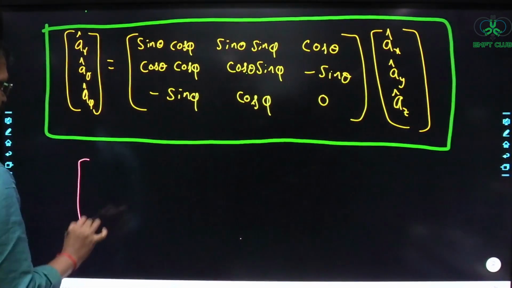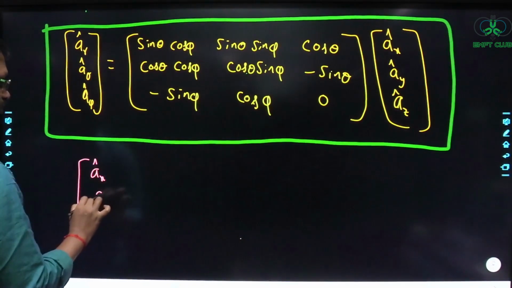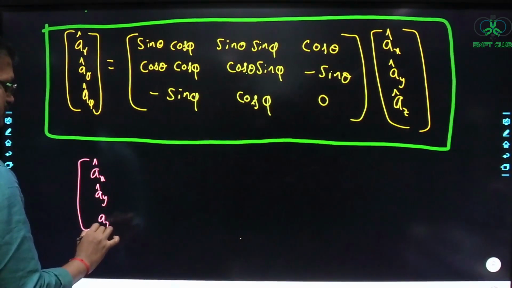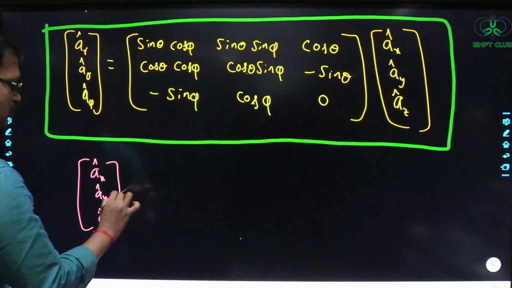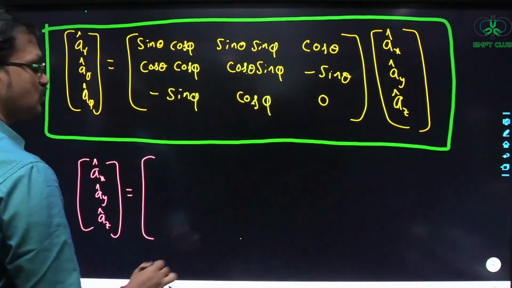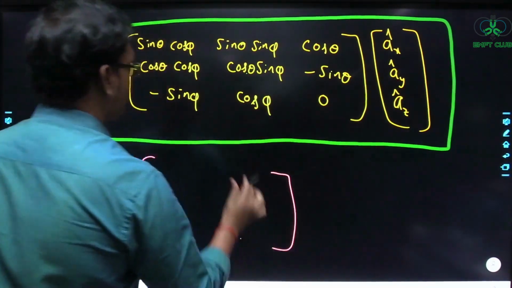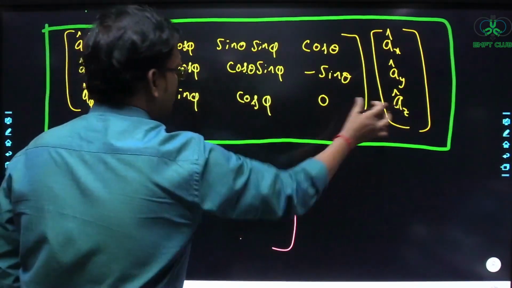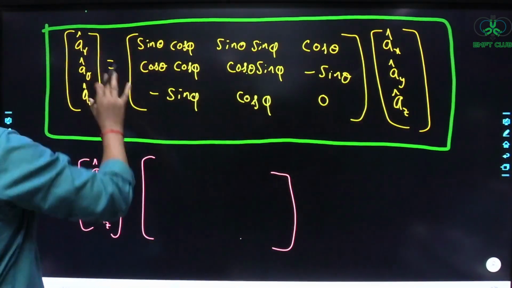And for the same matrix, if you want a_x cap, a_y cap and a_z cap, this is equivalent to determining the inverse of this matrix. If you want this one, then you can send this to the other side.